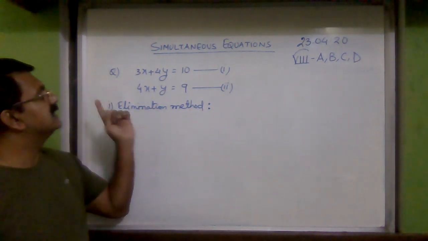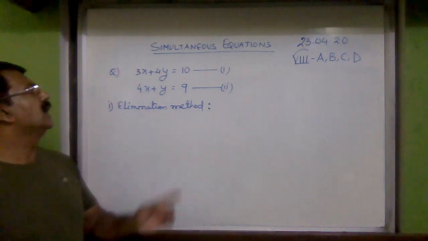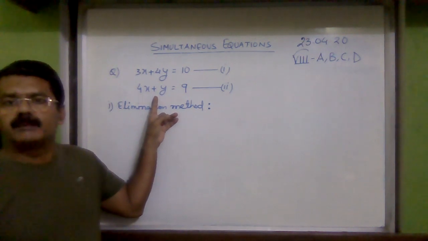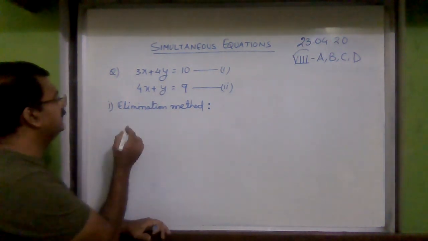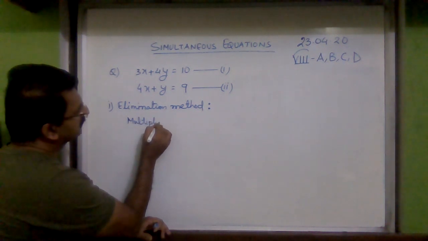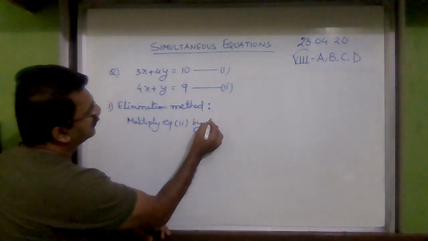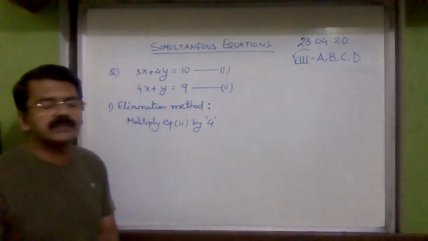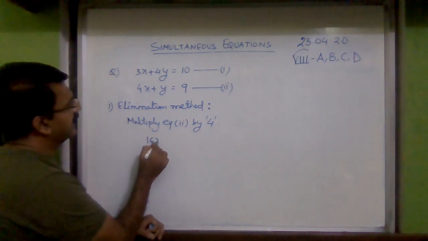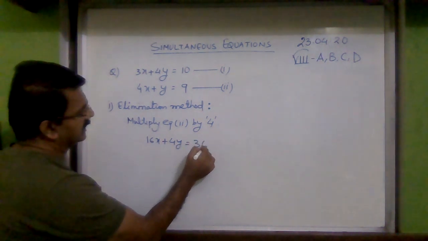As you can see, it is easier to make the coefficient of y same in both the equations, because for that we just have to multiply the second equation by 4, then it will become 4y. So you will write multiply equation 2 by 4, then equation 2 becomes 16x plus 4y is equal to 36.